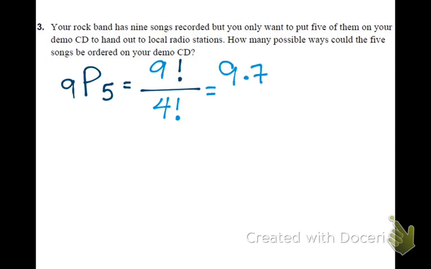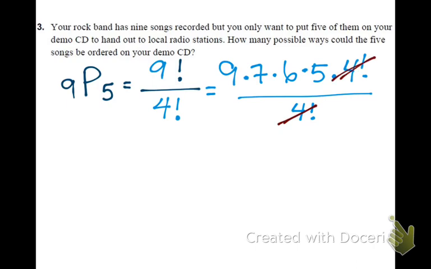So 9 times 8 times 7 times 6 times 5 times 4 factorial over 4 factorial. I skipped one. So 9 times 8 times 7 times 6. That doesn't look right. 60,480.